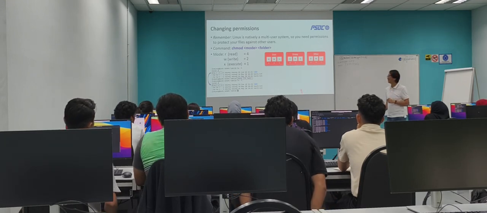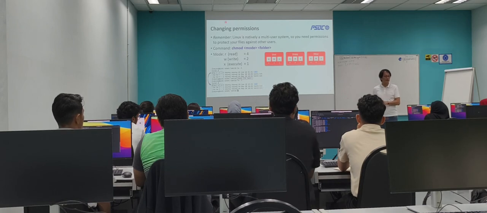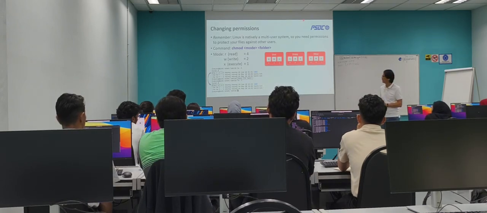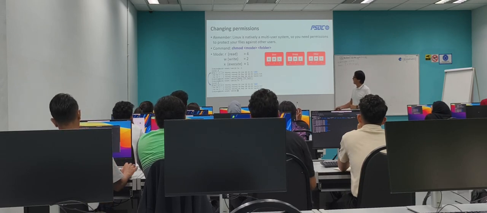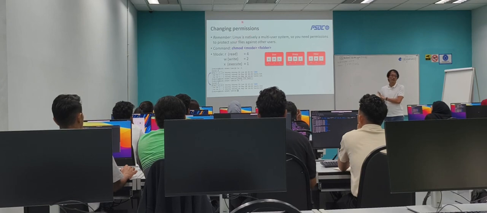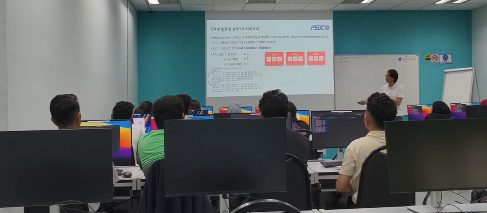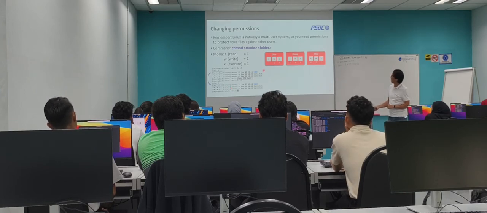So you can control that, and only the user can change the permission. And the last one is others. Others typically we don't open up all of them. So far, any clarification?